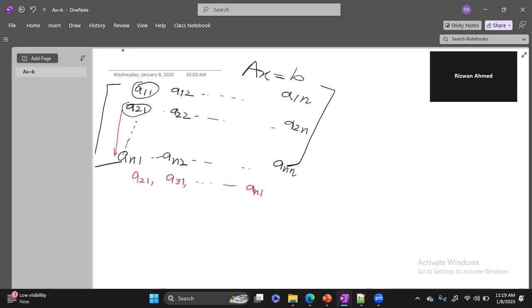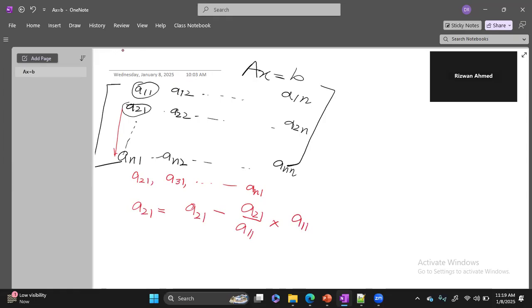For example, to bring a21 to 0, I require an operation like a21 is equal to the old value of a21 minus a21 divided by a11 multiplied by a11.